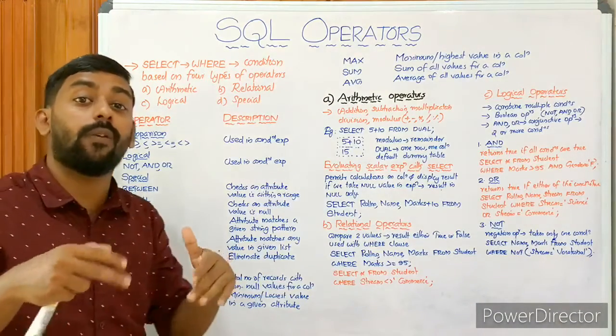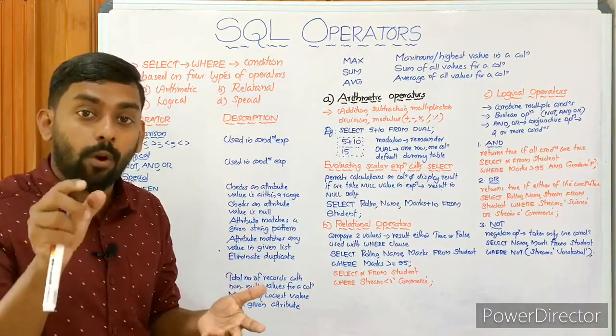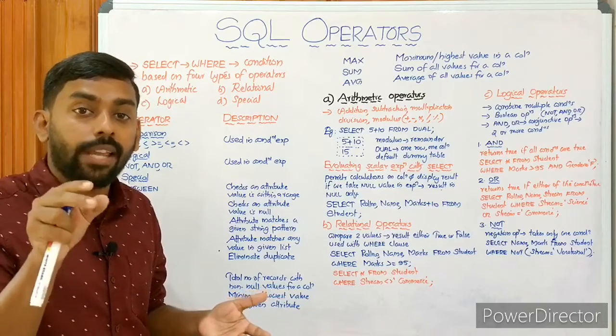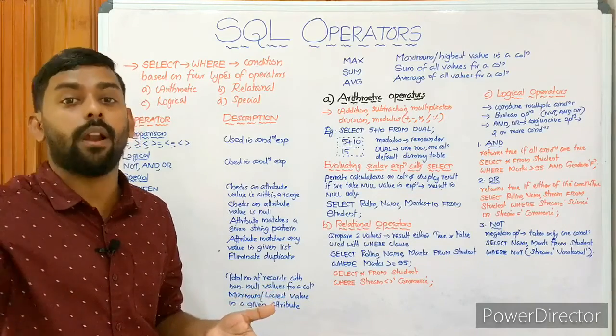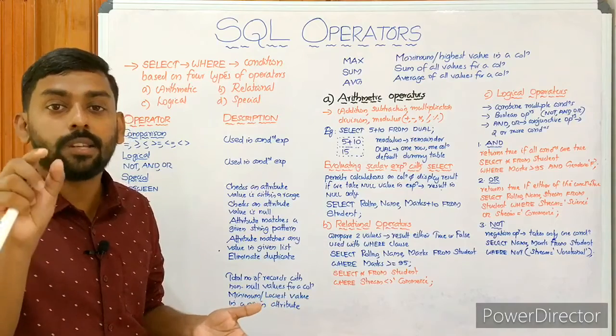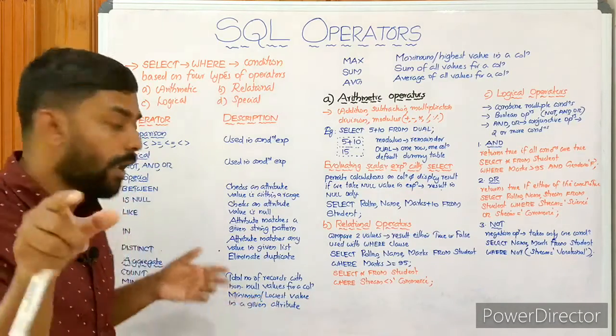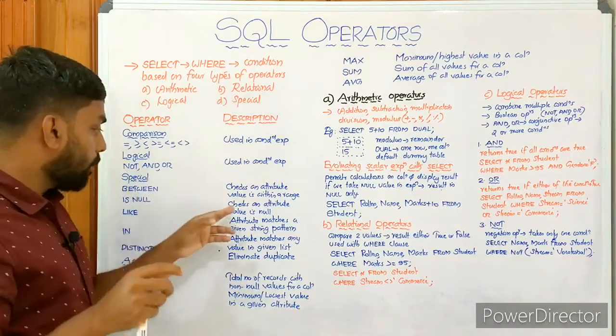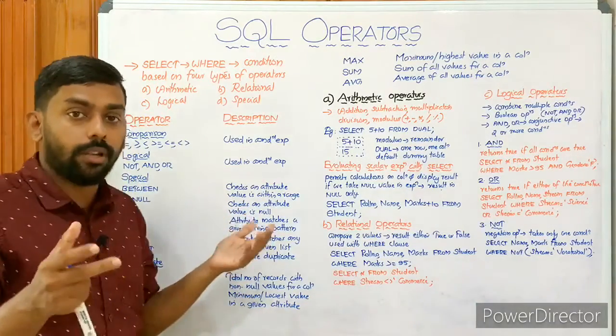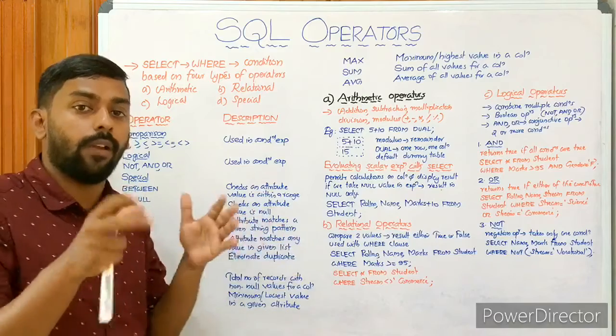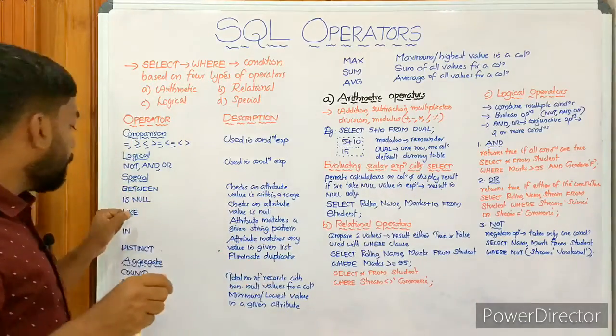It checks whether the value is null or not, which cannot be done using equal to null. So it checks whether the column value or attribute value is null or not.